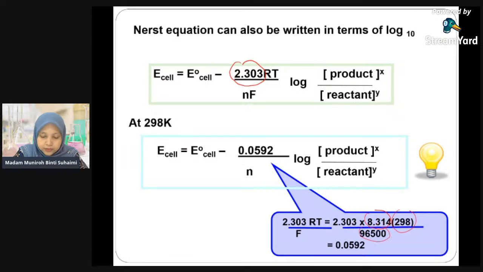So the formula will become E cell equals E naught cell minus 0.0592 over n log concentration of product divided by concentration of reactant. This formula can only be used at 25 degrees Celsius or 298 Kelvin.